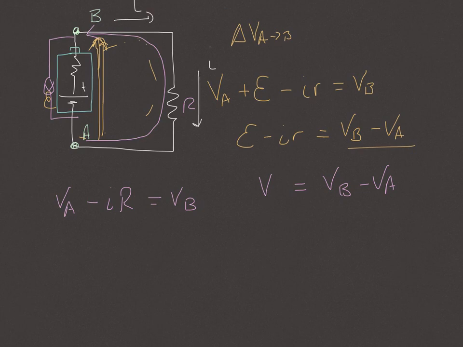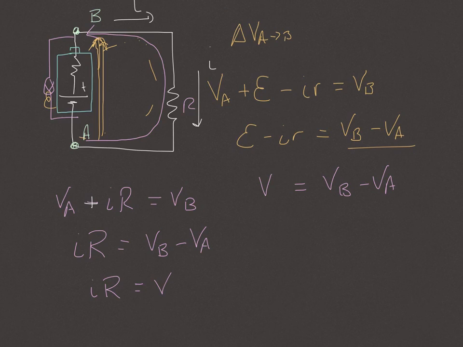So since the current is moving down, but our loop is going up, this becomes plus. As we work across the resistor, it becomes plus. So that I times R is equal to VB minus VA, which again is that voltage across the battery, where you get the Ohm's law equation again.